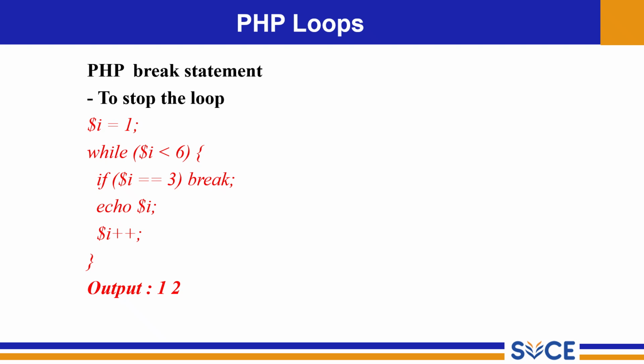If $i is equal to 3, the break statement exits the loop immediately and no further code in the loop is executed. Echo $i prints the current value of $i. $i++ increments the value of $i by 1. Once $i reaches 3, the loop is terminated before printing 3. Therefore, the output will be 1, 2.